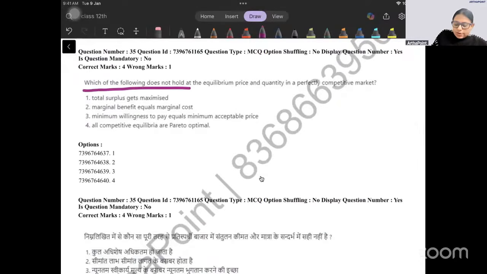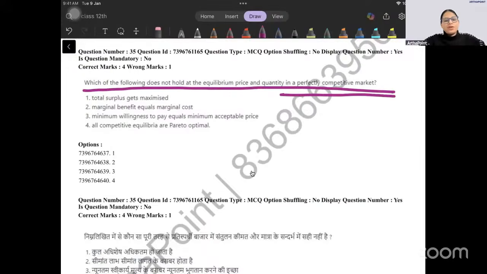Which of the following does not hold at equilibrium price and quantity in perfectly competitive market? Okay.